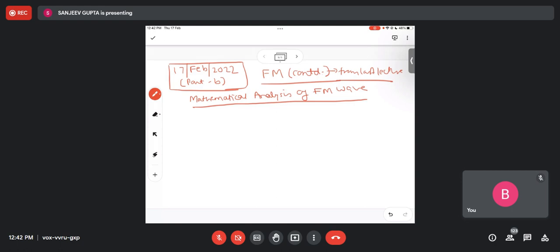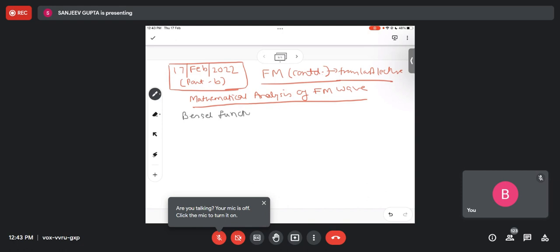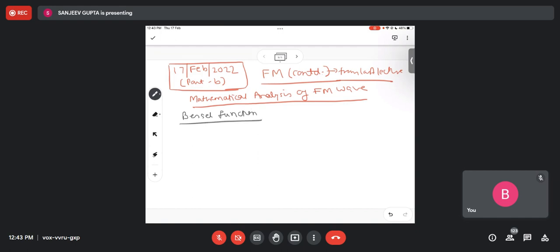Yes, okay, fine. So we said it can be solved by a Bessel function. Last time I definitely used it, but I thought I would also talk about the Bessel function. You do not have to mug up these things.